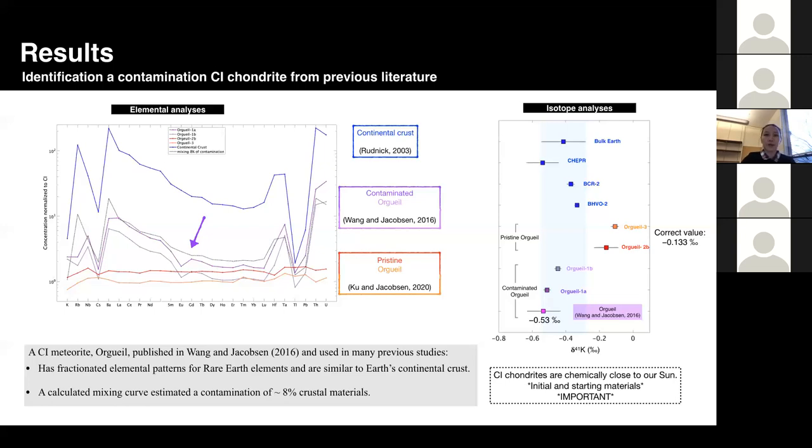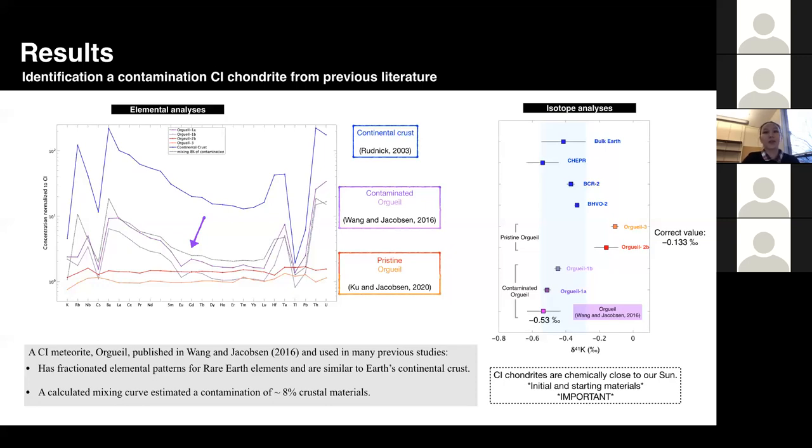Now we look at the new OGA samples, OGA2 and OGA3, marked here. Those two samples were analyzed in this work and found to have no contamination. So here we present the correct potassium isotope value for the OGA meteorite to be minus 0.133 per mil with respect to Super Pure.